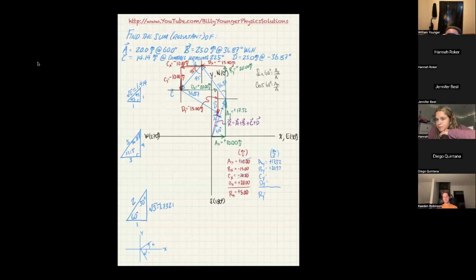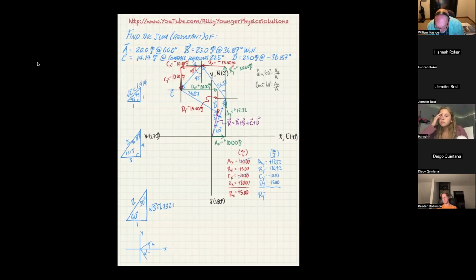So I'm up to 37.32. C sub y is negative 10. So now we're back to 27.32. And then D sub y is negative 15.